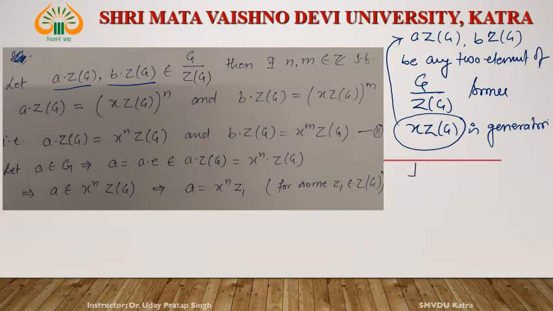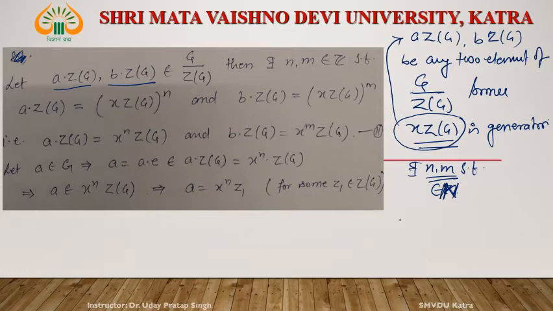Then there exist n and m such that, what are n and m? n and m are positive integers, belonging to capital N.